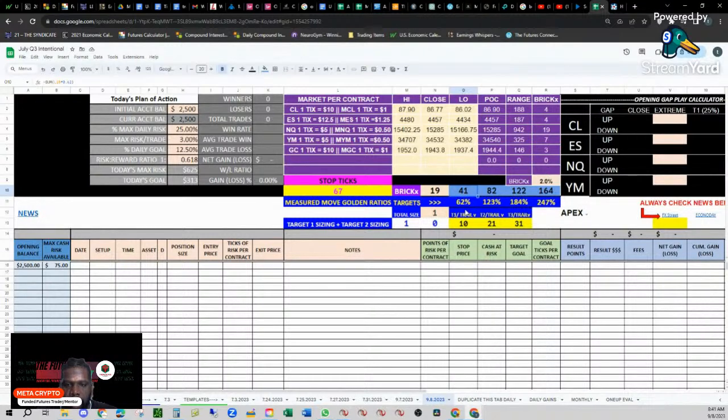All these are mathematical numbers. And then it also tells you down here where you should trail at. So if you're doing a 19 brick, you're going for these targets, and this is where your trail should start to kick in. When I say trail, I mean where you're going to lock in profit.